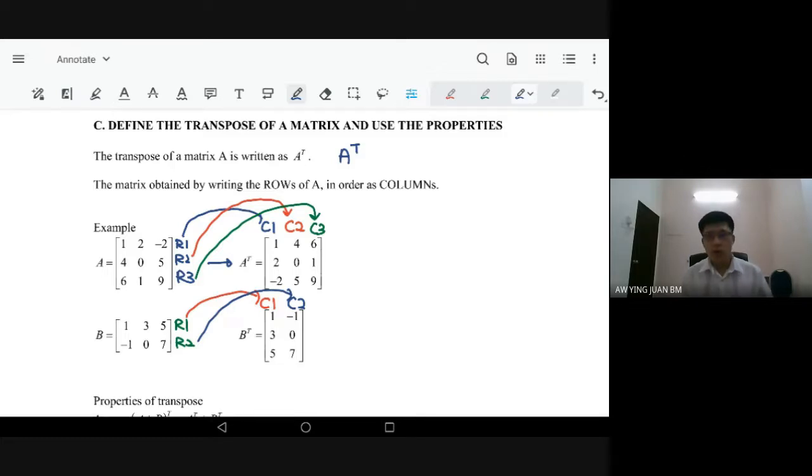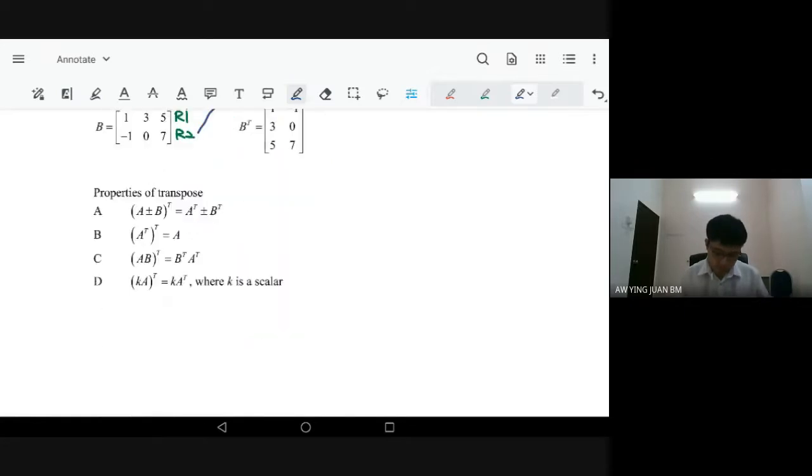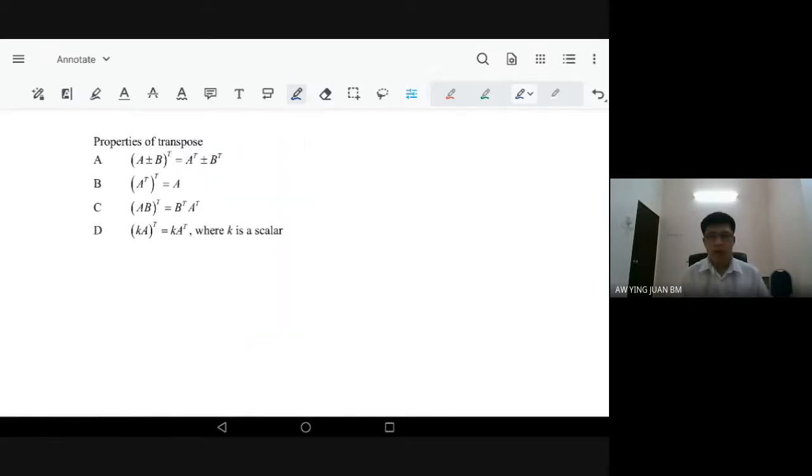Next, focus on the properties of a transpose. So here we have 4 properties of transpose. Basically, I just revised. What you have to do is refer to the lecture notes. Okay, so property number 1, we have (A plus or minus B) transpose.